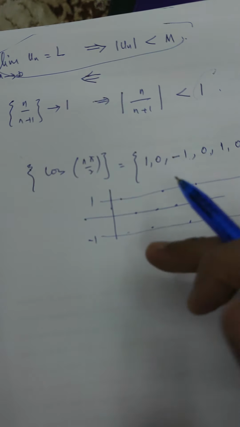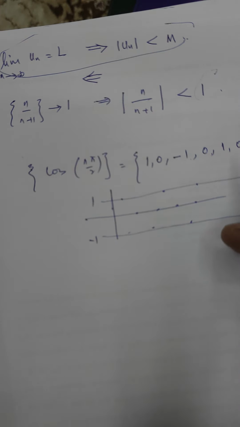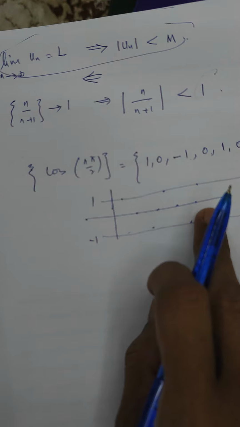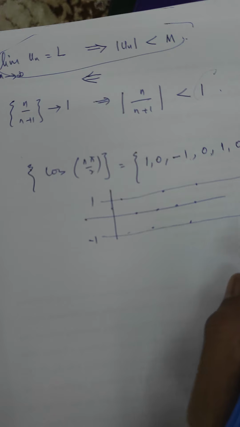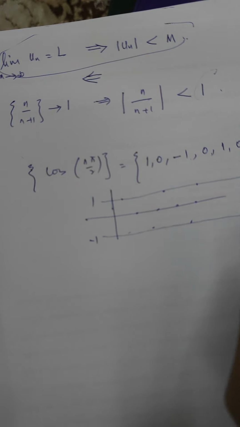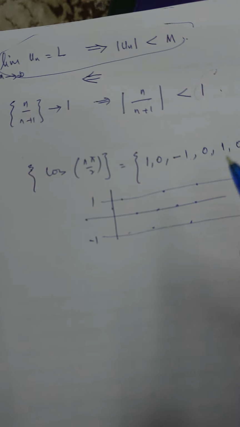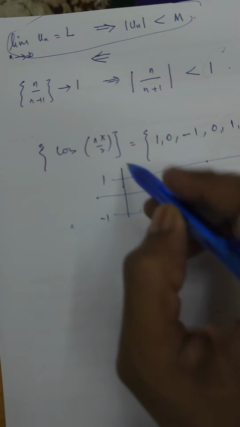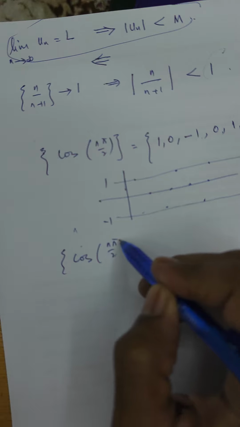So it just oscillates between 1 and negative 1. But at the same time, you can see as n increases, it converges nowhere. So in this case, the sequence does not converge. This is an example of a bounded sequence that does not converge, this sequence here, cos n pi over 2.